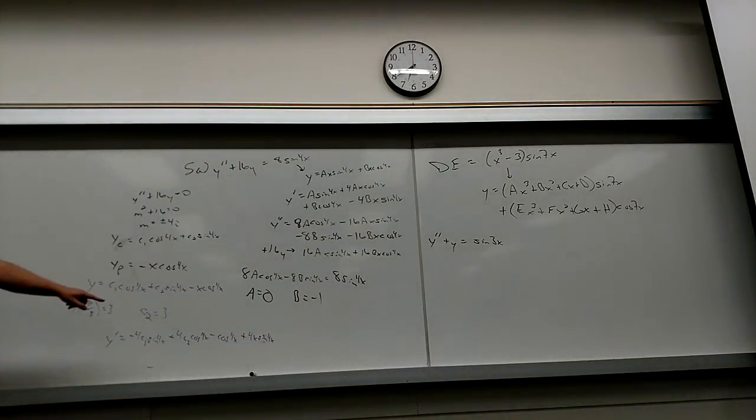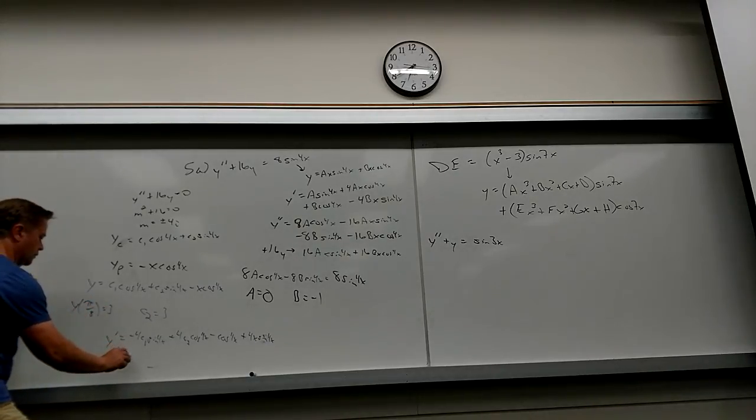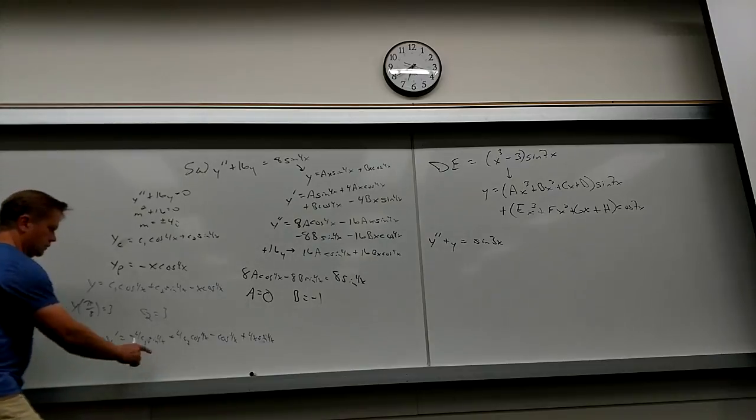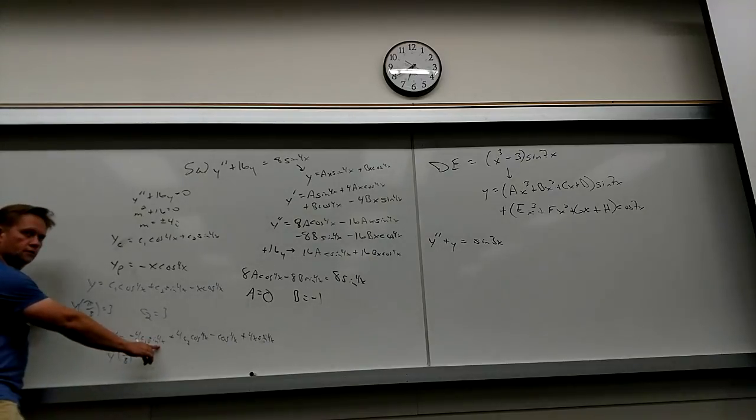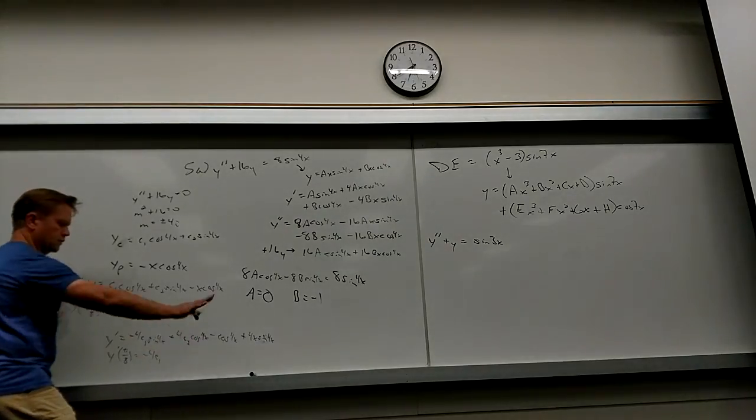So then y prime of pi over 8 has to equal 0, so you throw a pi over 8 in there. You know, C2 is 3, so put that in there. Sine of pi over 2 is 1. So you get negative 4c1. Cosine of pi over 2 is 0, so that doesn't even matter.